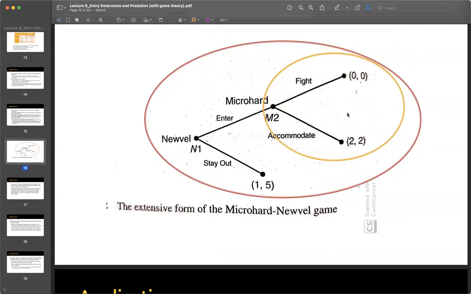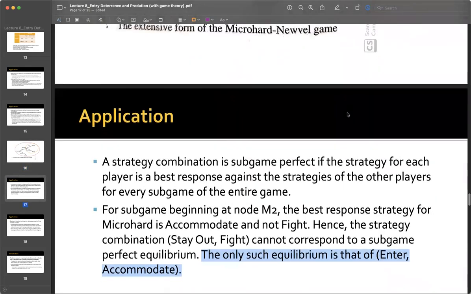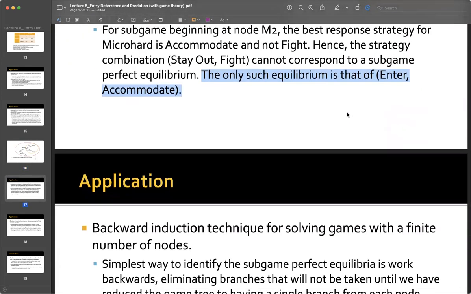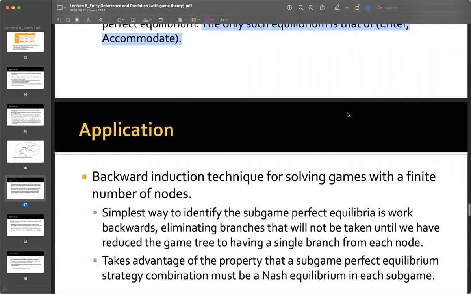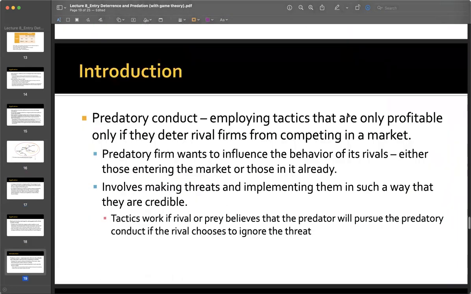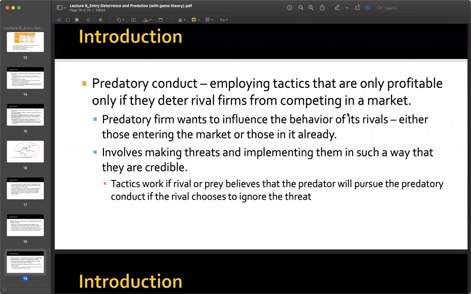And the rest of this lecture will basically delve into different ways in which that commitment can be done. How can an incumbent commit to fight in the future such that an entrant will believe it? So it involves making threats and implementing them in a way that's credible.